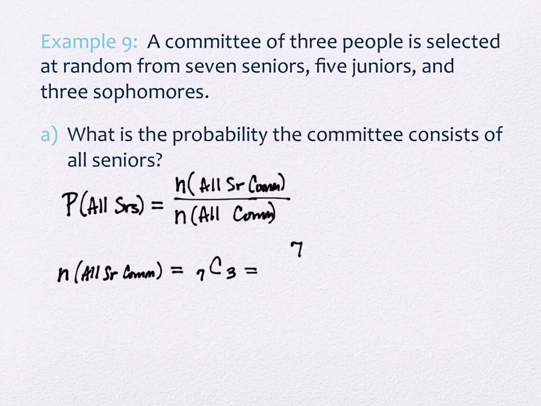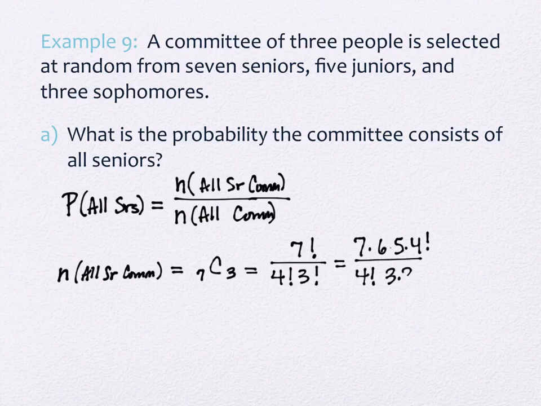So this is 7 factorial on top. We don't choose 4 of them. We do choose 3 of them. So 4 and 3 on bottom. 7, 6, 5, 4 factorial over my 4 factorial, and then 3, 2, and 1. The 4s cancel.